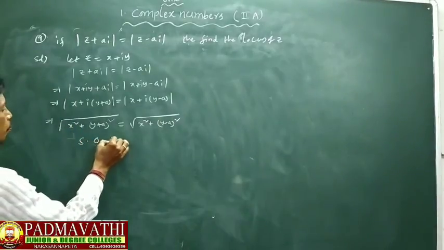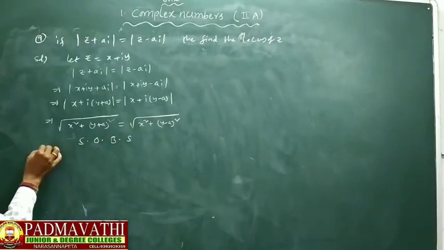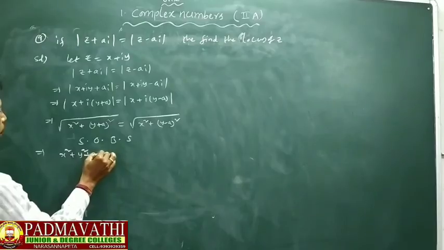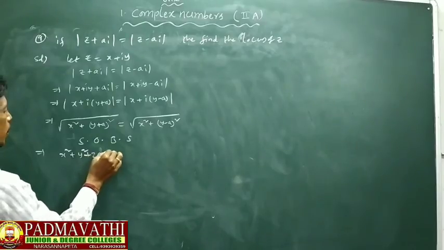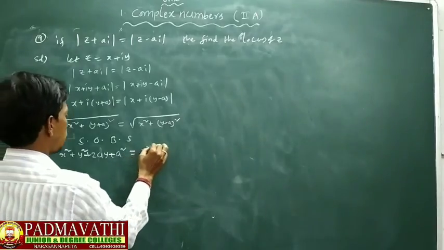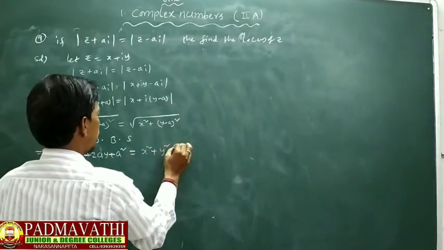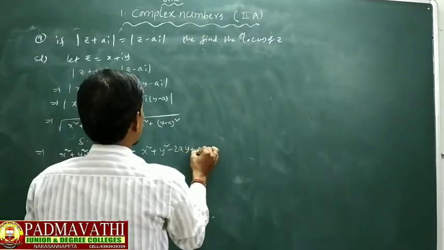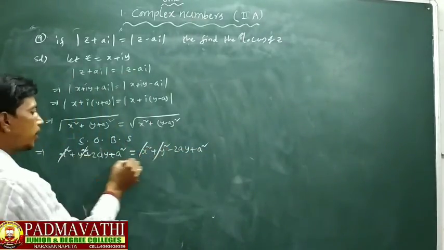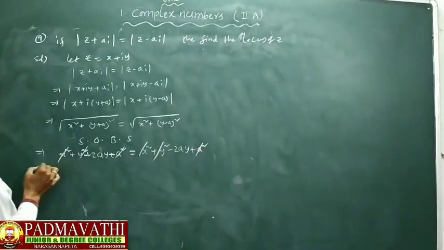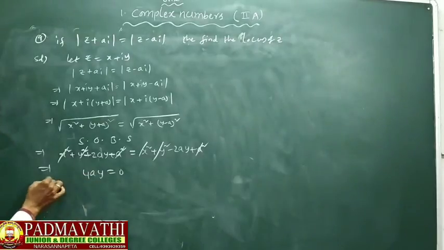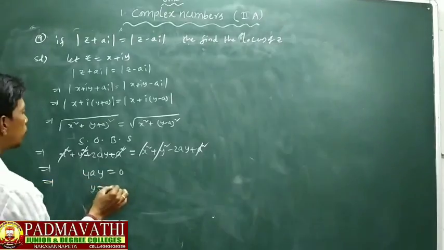Squaring on both sides implies x² + y² + 2ay + a² = x² + y² − 2ay + a². x², y² and a² cancel. 4ay = 0. 4a is constant, so y = 0.